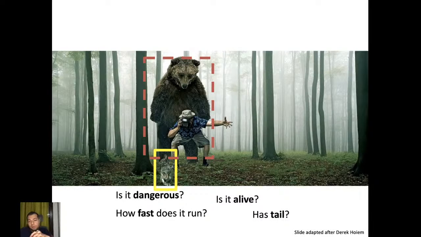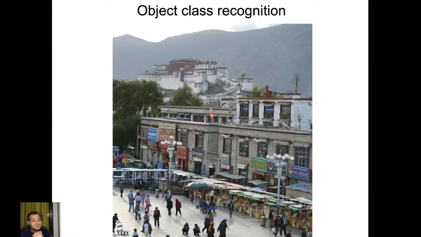Based on these questions, we can obtain a vectorial representation from all the answers. Conceptually, this is what we want to do, and then we use this representation to solve tasks such as object class recognition.